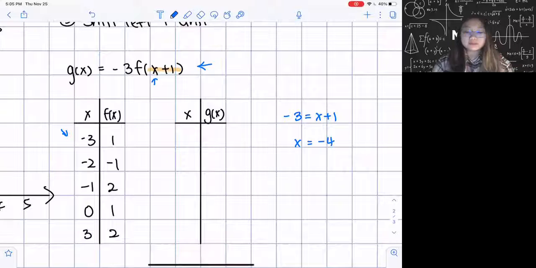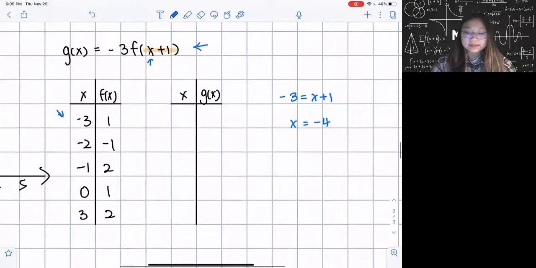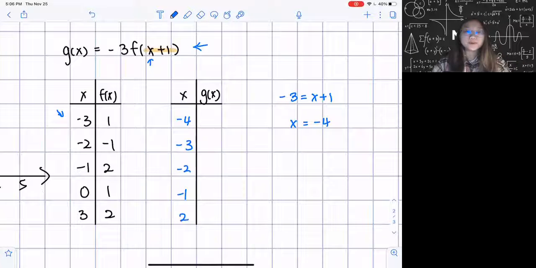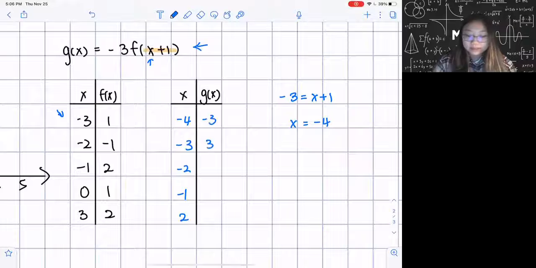That's how I'm going to do this equation. And now you realize that I'm just subtracting 1 from all my x values. So let's do that: -4, -3, -2, -1, and 2. Pretty simple. And then for my g of x value, I multiply all my f of x by -3, right? So I get -3, 3, -6, -3, and -6.